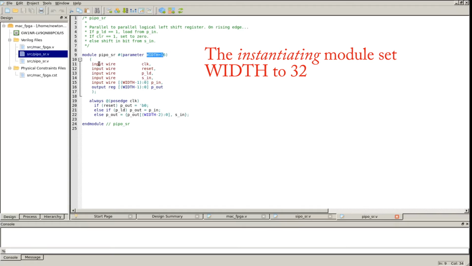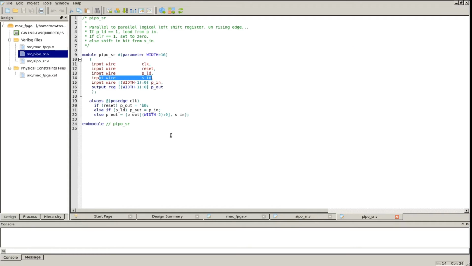And so it has the same clock and reset and SN inputs as the previous shift register, but it has another input, which is PIN, and so that's 32 bits wide, and that's providing the data for setting it when it's in parallel mode. And this control signal here, PLD, is what determines that.